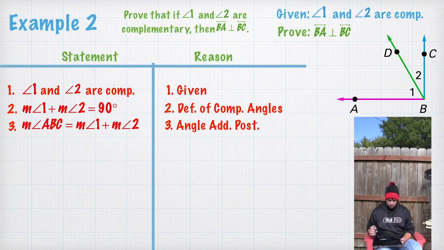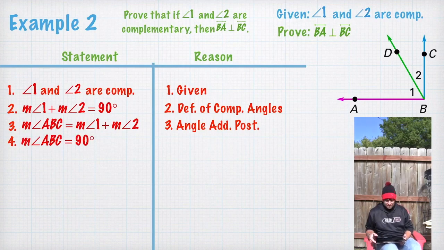Okay, so now we know that the measure of angle 1 plus the measure of angle 2 equal the measure of angle ABC. We also know that the measure of angle 1 plus the measure of angle 2 equals 90 degrees. So we can actually substitute in 90 degrees right here using the substitution property of equality. So the measure of angle ABC equals 90 degrees by the substitution property of equality.